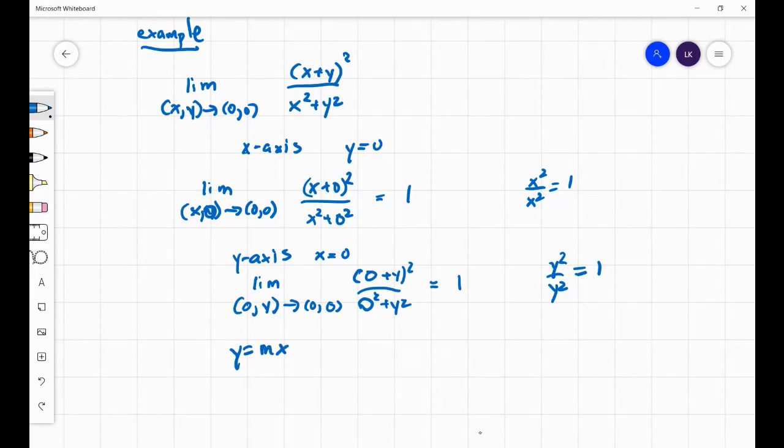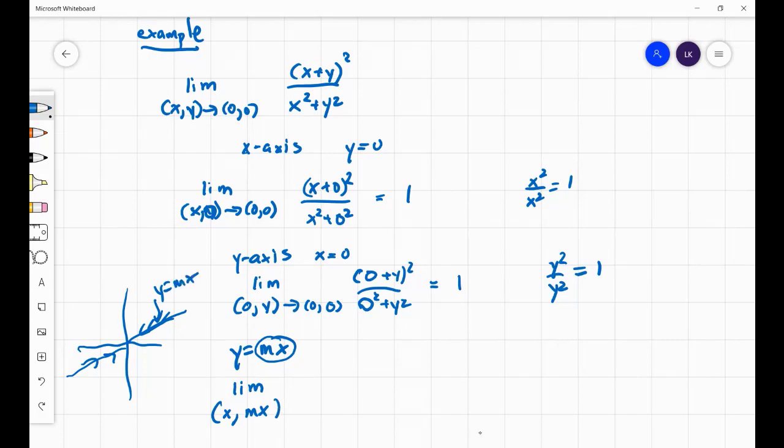So this is a non-vertical line. Let's take the limit as x goes to 0, and we're going to replace y with mx. This way we're approaching the origin along some line.